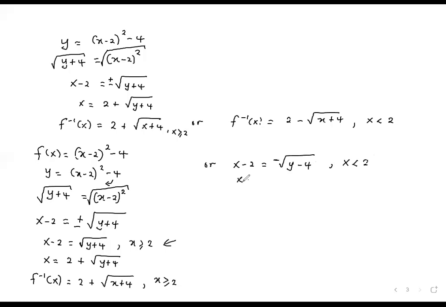This means x is equal to 2 minus the root of y plus 4 if x is less than 2. So f inverse of x is equal to 2 minus the root of x plus 4 whenever x is less than 2. This inverse is only defined for these domains, and not on the whole real line.